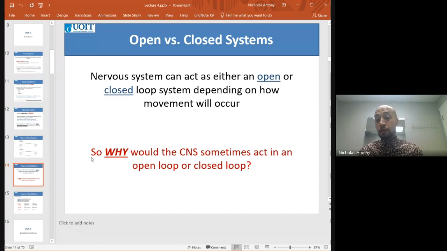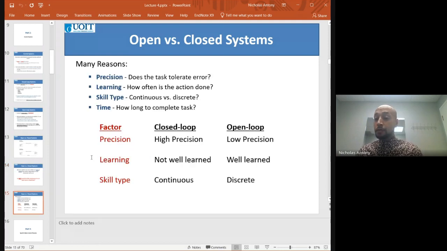Then we discussed the main one, which was what? Yes, practice. You're totally right, Jordan. Speed was the one that we brought up. Accuracy. So I put all those right down here. There are many reasons why we may choose one or the other. Think about precision. If we need high accuracy, we would need to slow down because we need feedback.